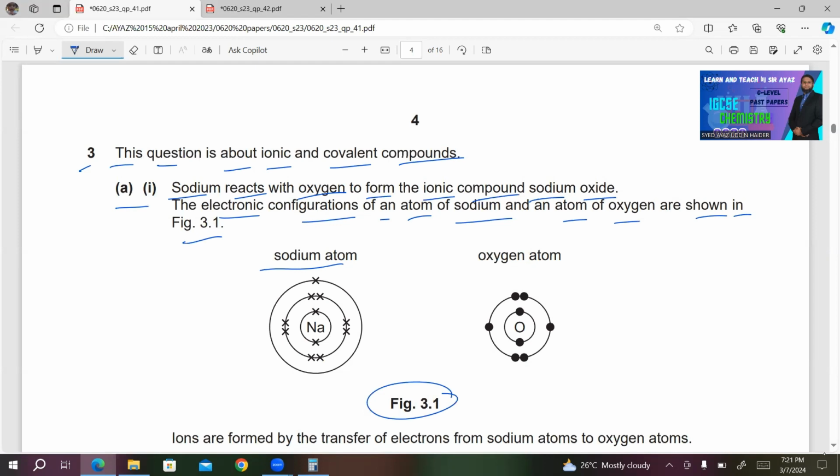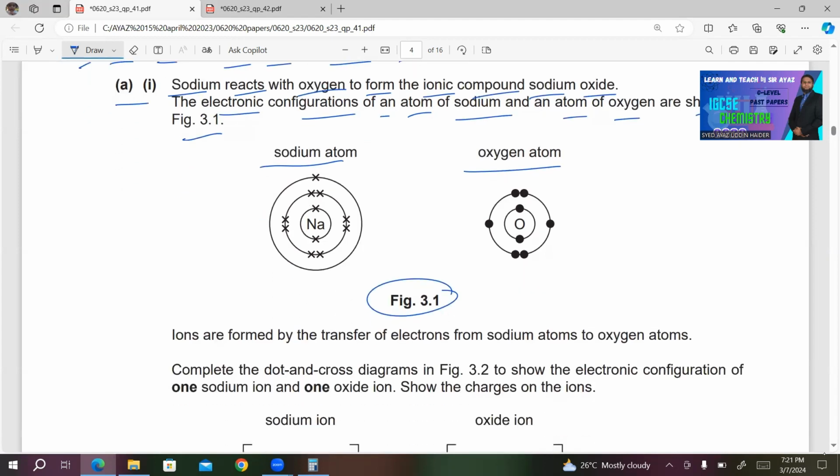We have sodium atom, we have oxygen atom. Ions are formed by the transfer of electrons from sodium atoms to oxygen atoms. Complete the dot and cross diagrams in figure 3.2 to show the electronic configuration of one sodium ion and one oxide ion. Show the charges on the ions.